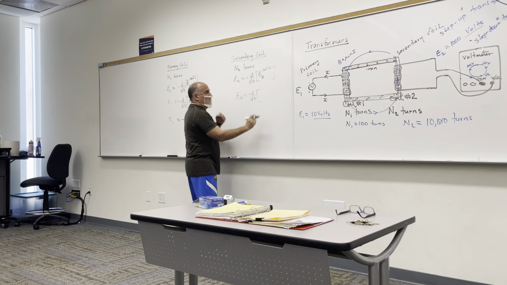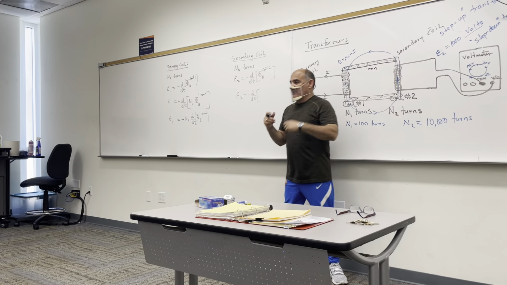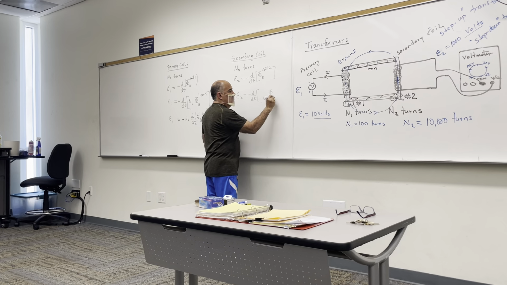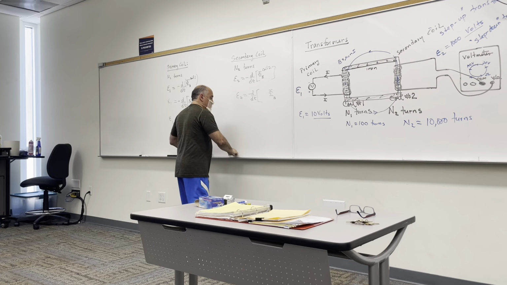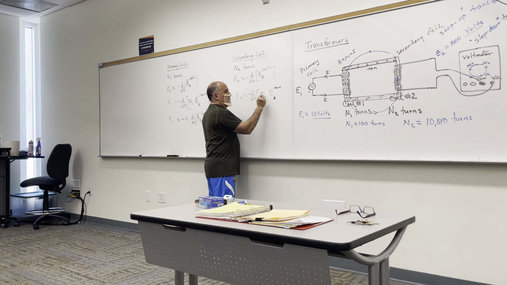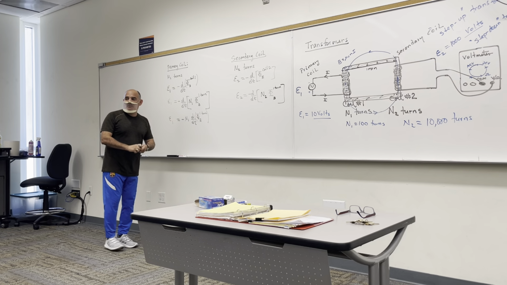And what is the flux through coil number 2? It will be the magnetic flux through one turn of that other one times N2 turns, because coil number 2 has N2 turns.